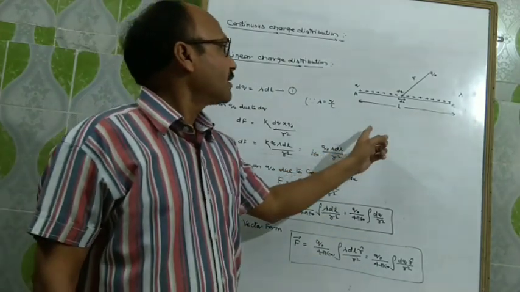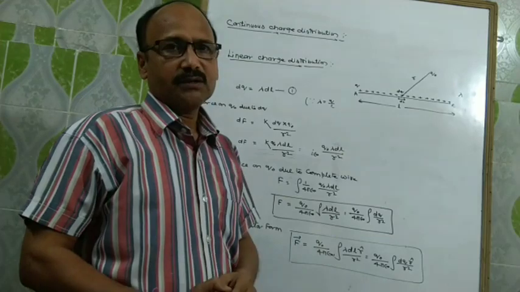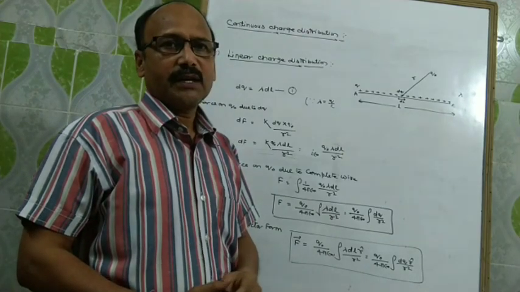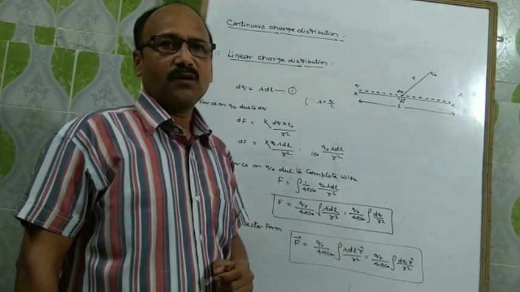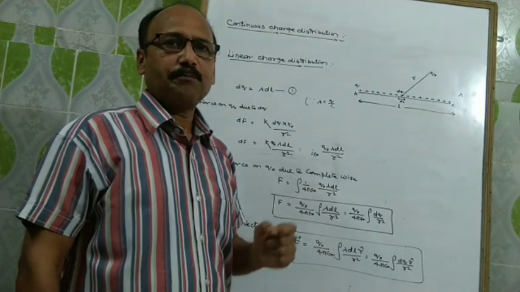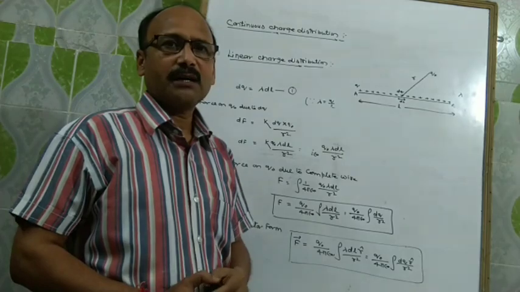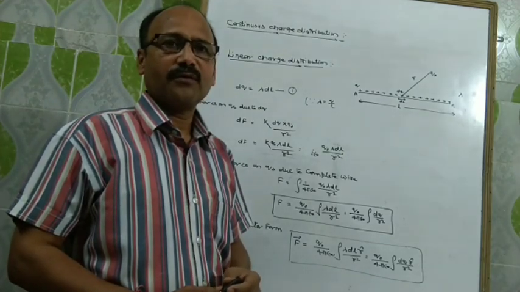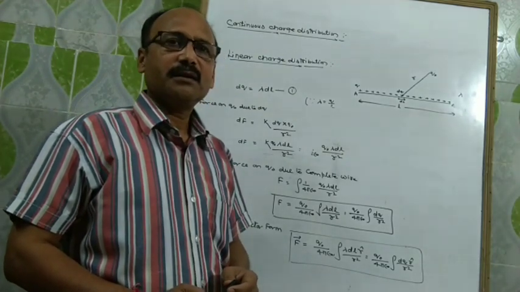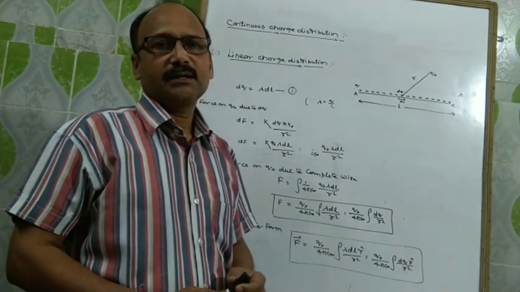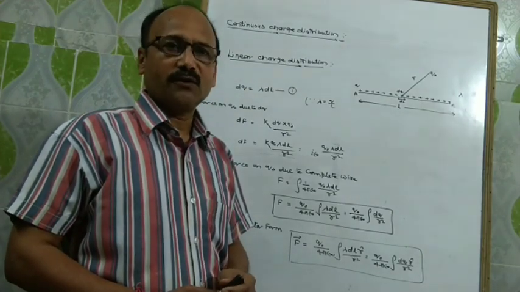The amount of charge spread over per unit length of wire is known as linear charge density of that wire.